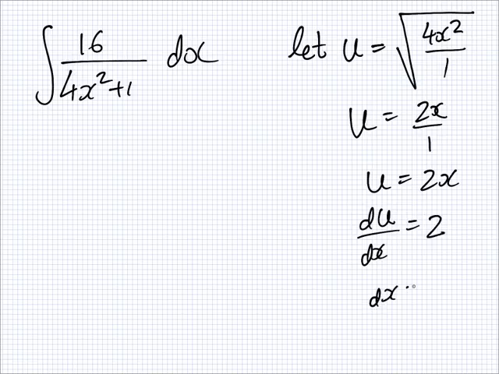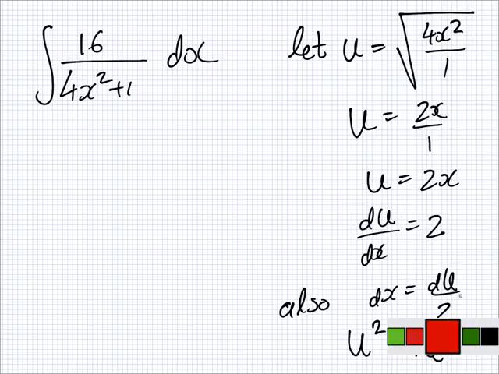So dx is du over 2. Also, what does u squared equal? 4x squared. So these two results are very useful.